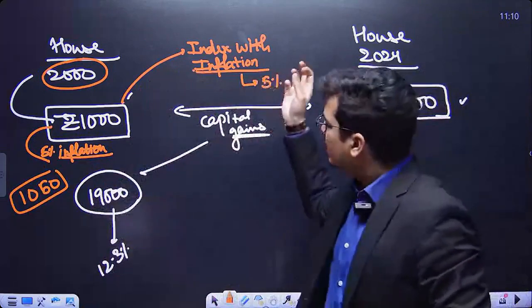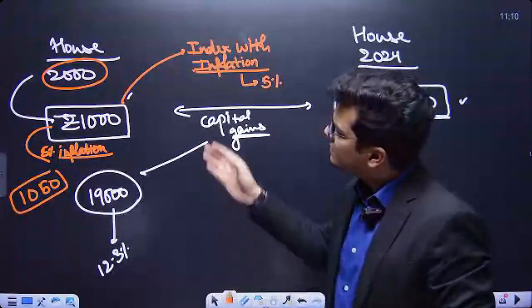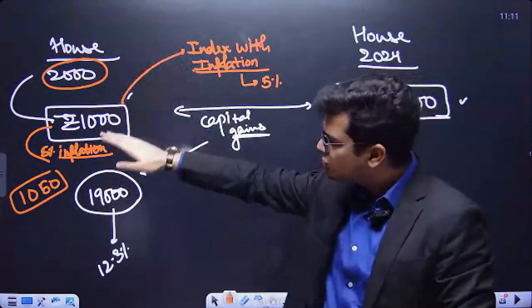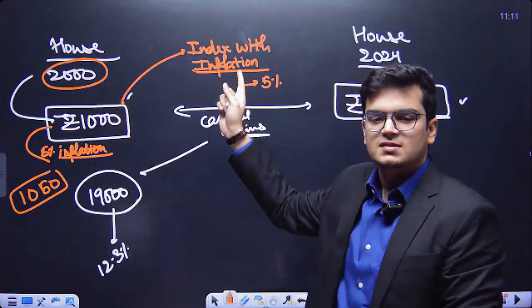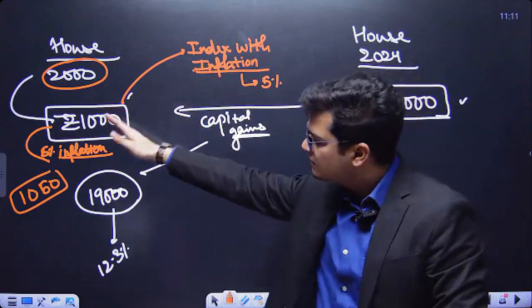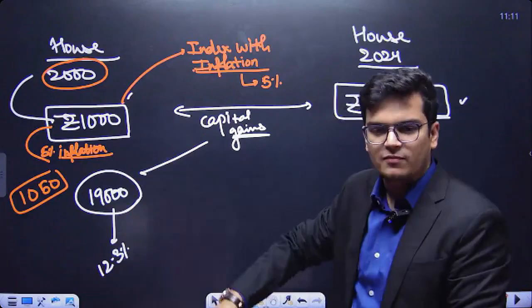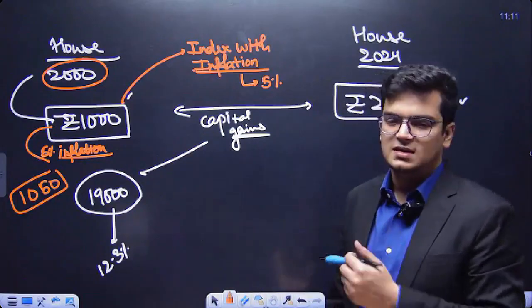So government will index that inflation into the price of this house. In 2000 this was 1000 rupees, in 2001 it was 5% plus this. Where did the 5% come from? This is the inflation in housing prices that is happening. Government will say now it is worth 1050. Similarly, government will keep putting 5% every single year.